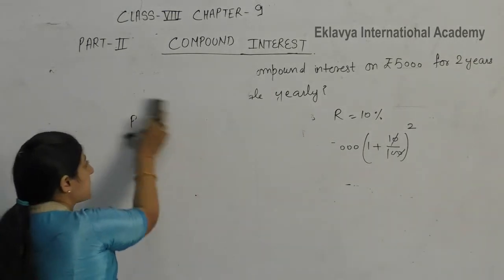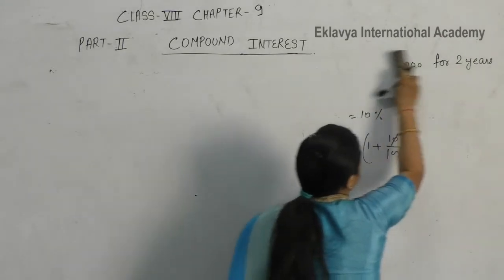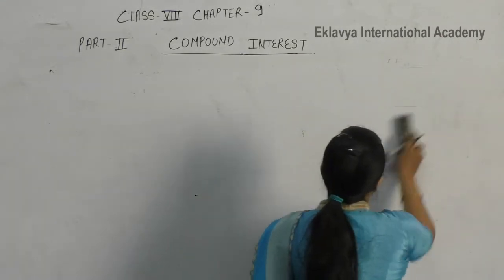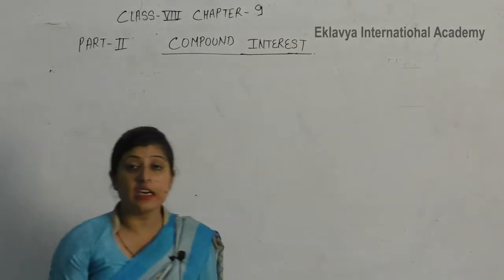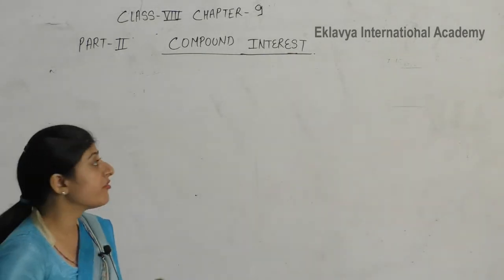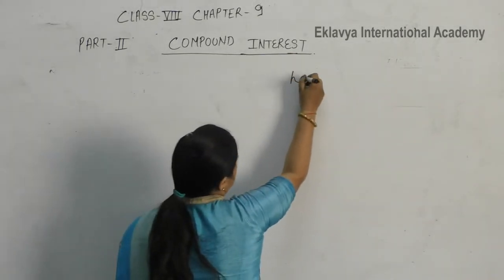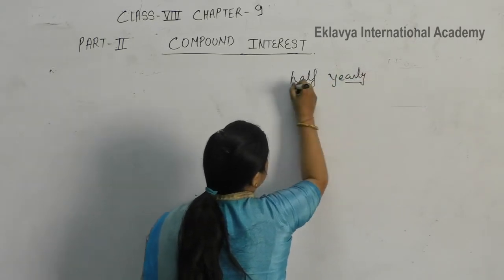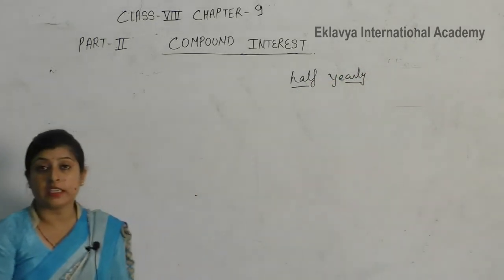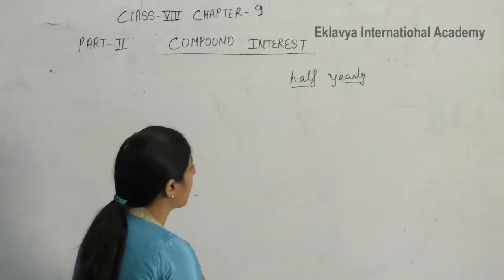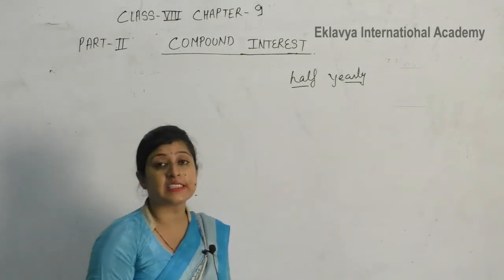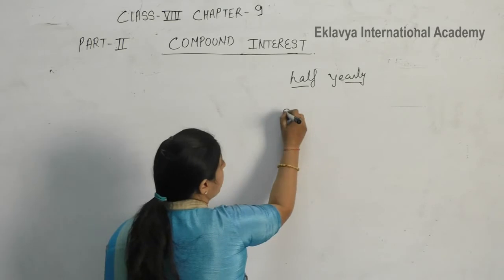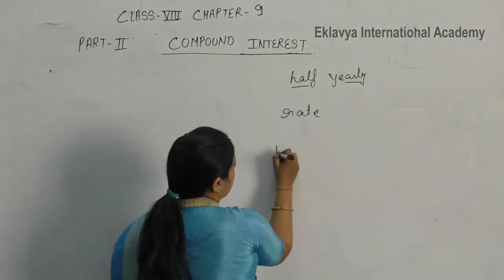Now we will discuss the second type of question, when the interest is half yearly. This was annually, and now we will discuss the half yearly. In the case of half yearly, what is the difference? We will change the rate and time.